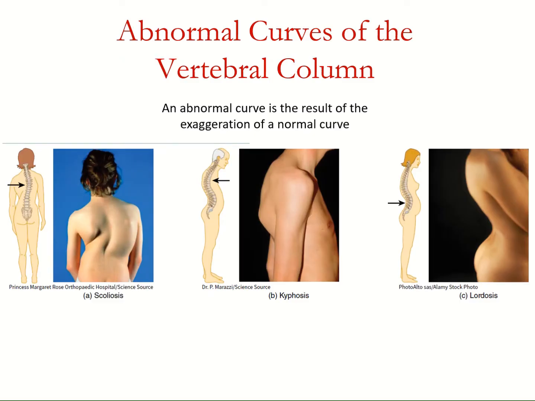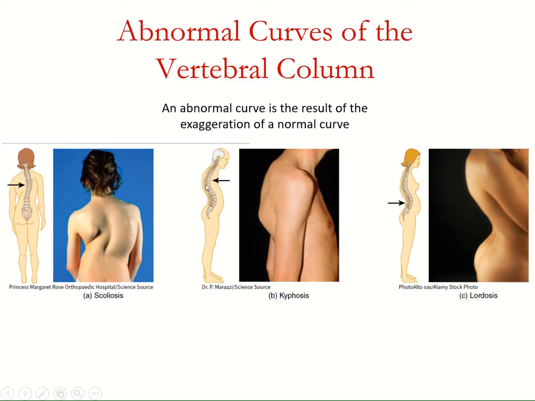Here are abnormal curves of the vertebral column. So an abnormal curve is the result of exaggeration of a normal curve. So in scoliosis, the exaggerated curve is towards this side, either right or left, okay, lateral. While in kyphosis and lordosis, the exaggerated curve is either anterior or posterior.